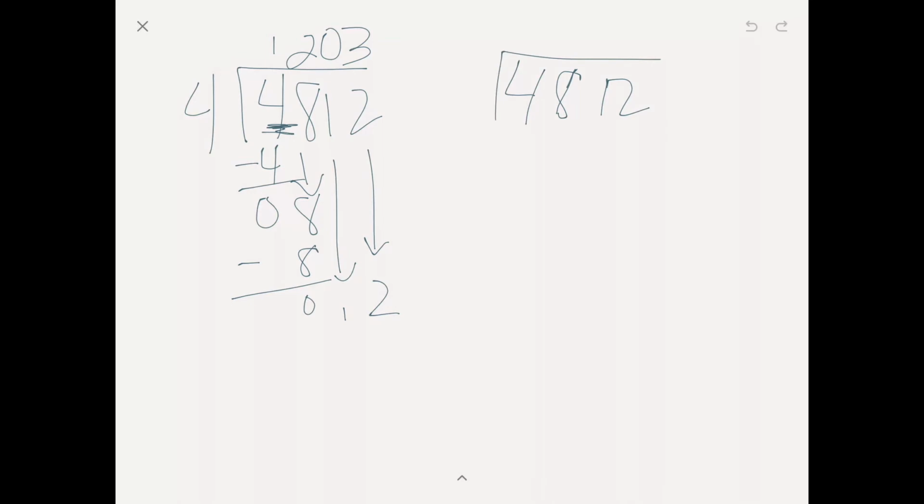4,812 divided by 4. We can set it up the exact same way even. But when I'm going 4 into 4, that's really 4,000. How many times does 4 go into 4,000? Hang on one second here. I'm just going to move this to give me a little bit of room.